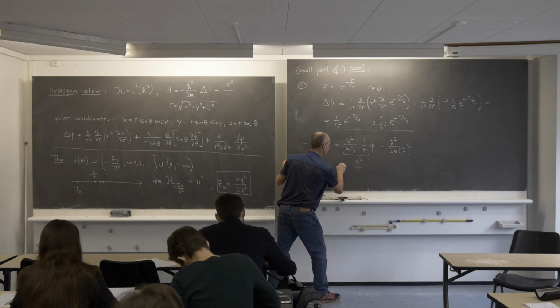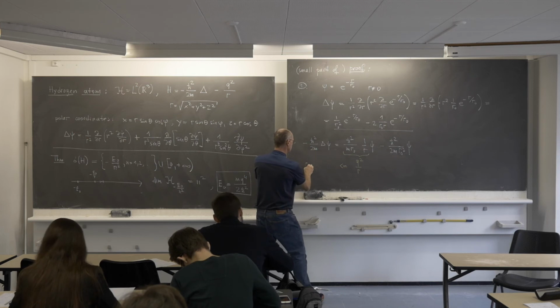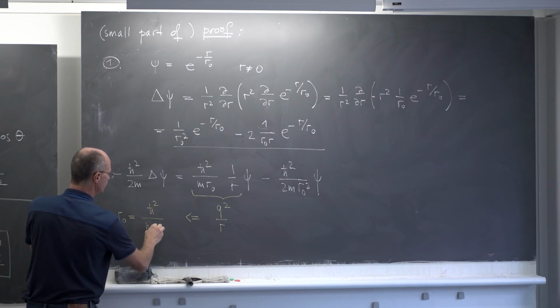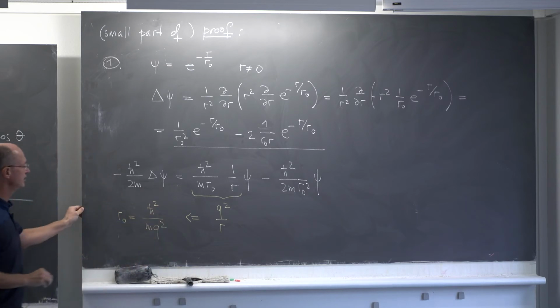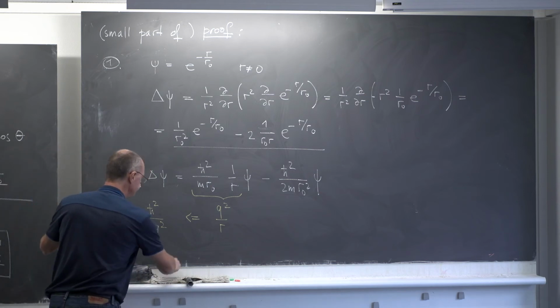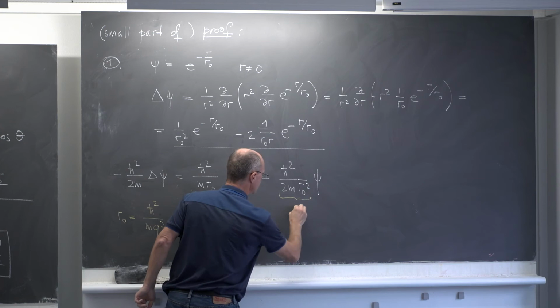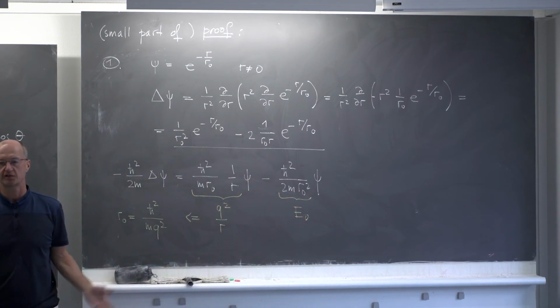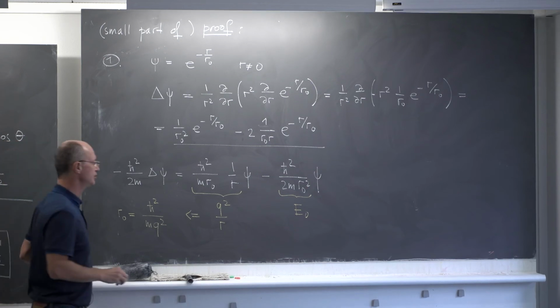And this would imply r naught equal to h squared over m q squared, right? And so this expression will be then the negative value of the energy, E naught.